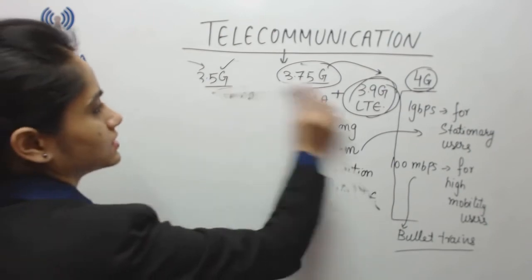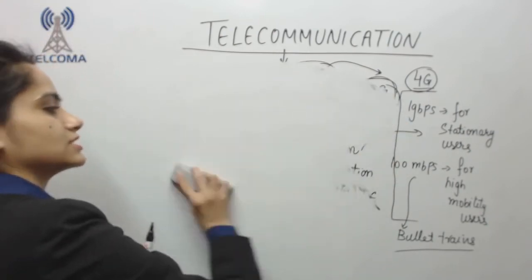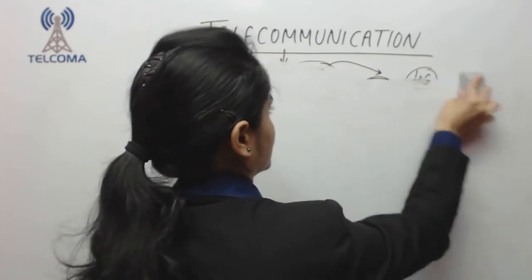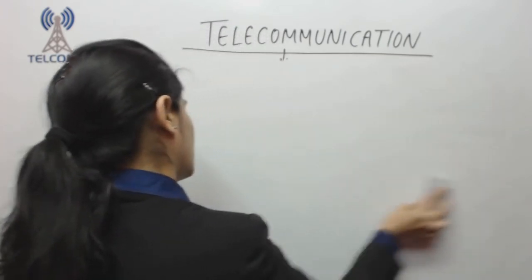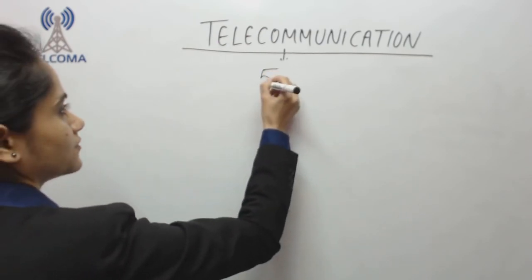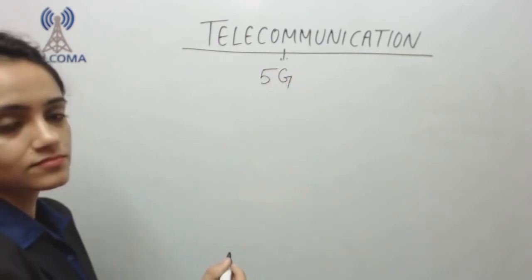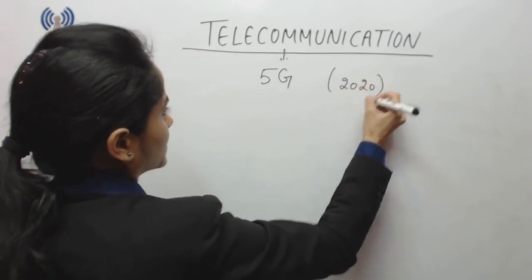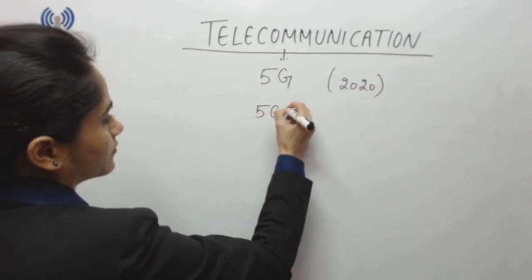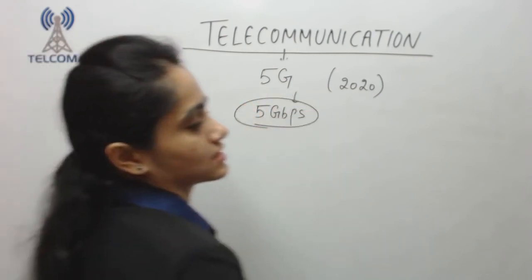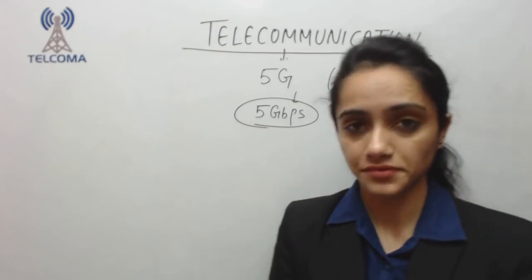Now we have achieved the 4G targets. That means 4G is successfully launched. We have achieved 1 gigabit per second and 100 Mbps. After that, we have set a target for 5G, which is to be commercial in 2020. We have set a target of 5 gigabit per second. Whenever we have 5 gigabit per second, we can say that we have the 5th generation.